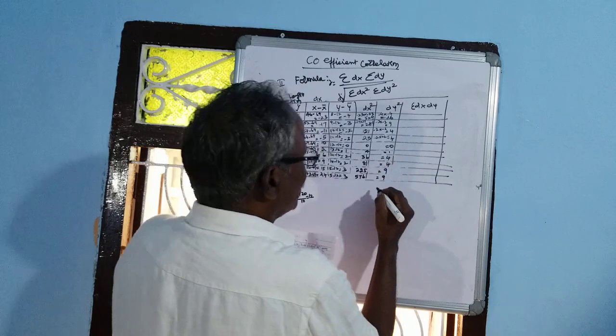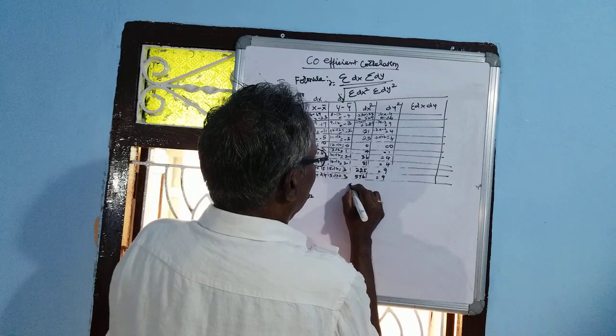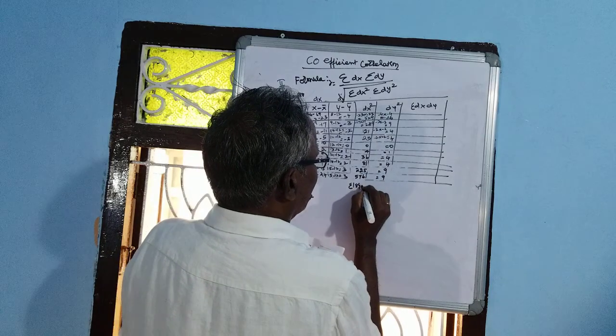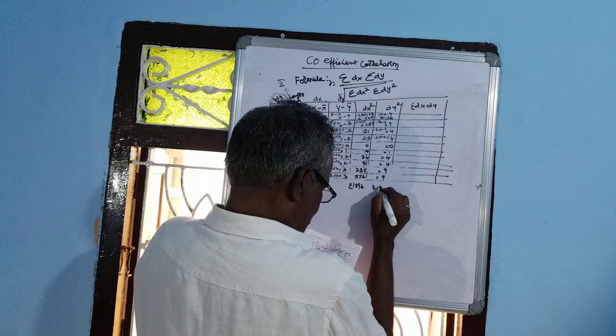So this is dy square. The sum of dx square is equal to 1896. Sum of dy square is equal to 60.